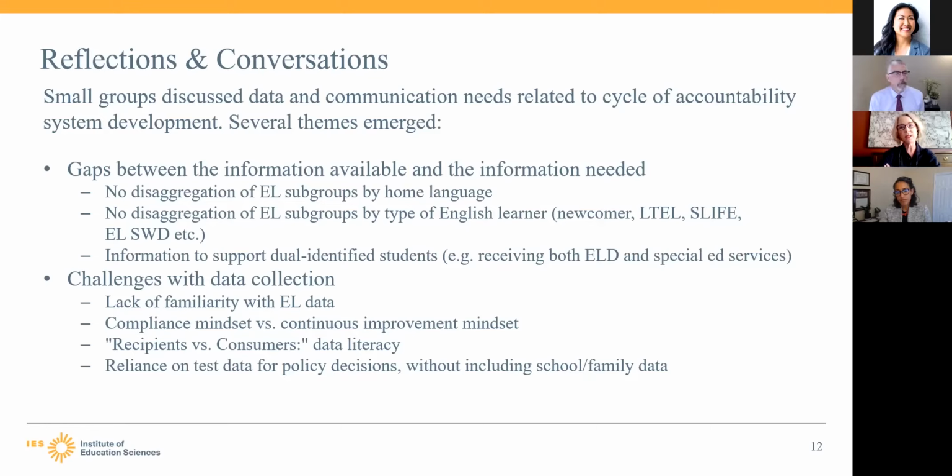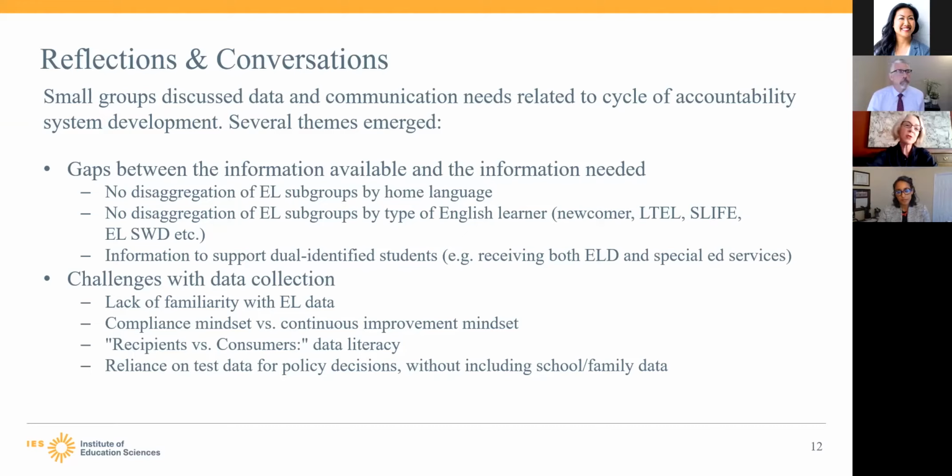There also was no disaggregation of English learner students by home language. And this is an issue because achievement varies across English learner groups, as we know. And we also know that Spanish speakers themselves are not a monolithic population. They have various indigenous languages and different countries of origin. So there are barriers to getting the fine-grained information that we need.